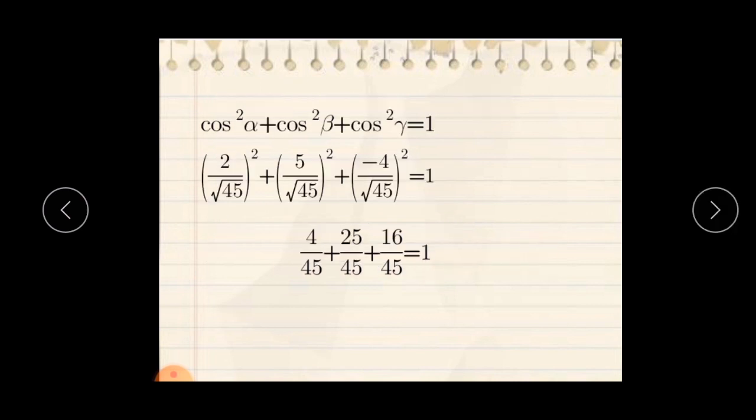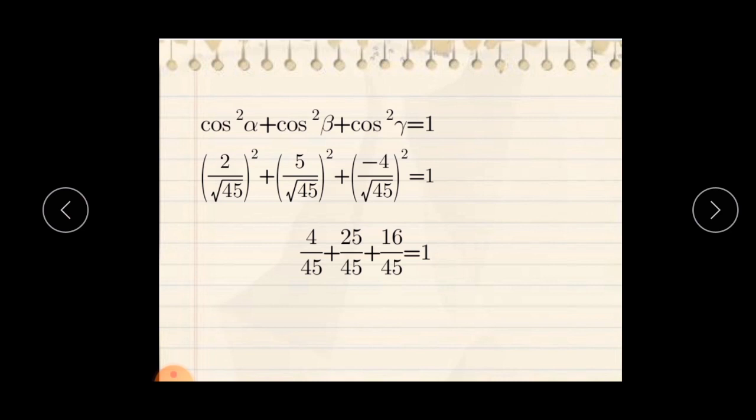Simplifying, 2 over square root of 45 squared is 4 over 45, plus 5 over square root of 45 squared is 25 over 45, plus negative 4 over square root of 45 squared is 16 over 45.